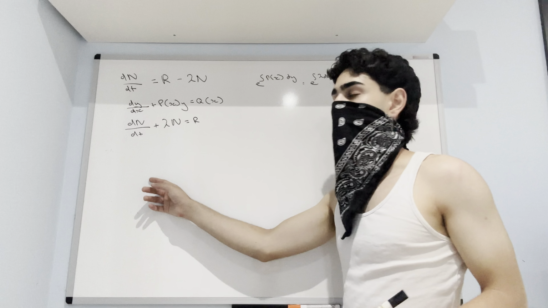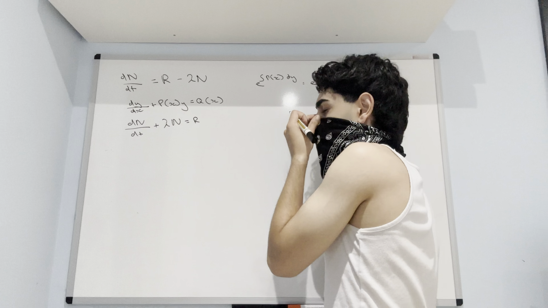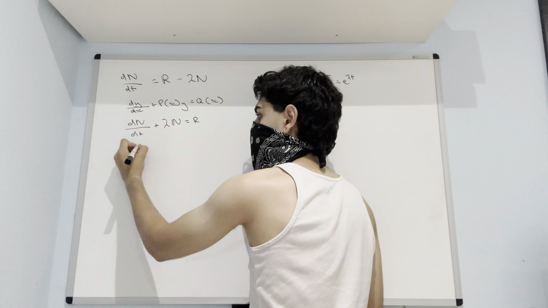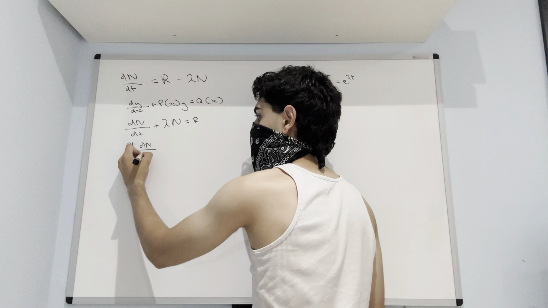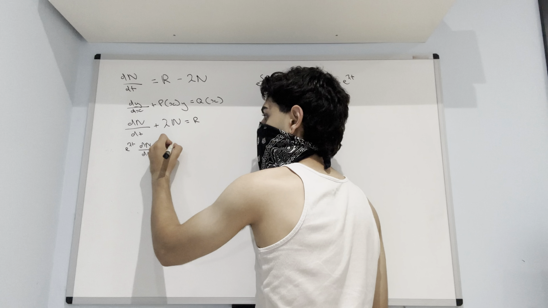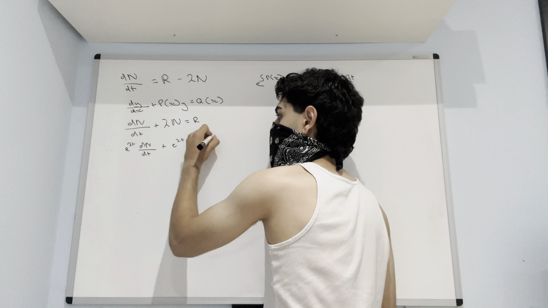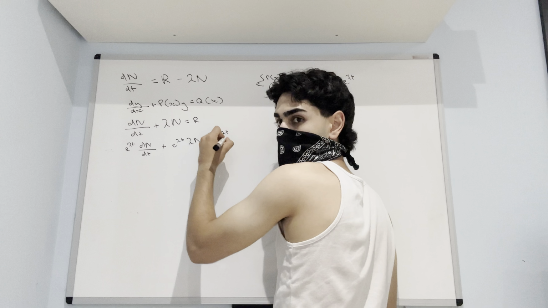So we multiply the whole ODE by the integrating factor, we get e to the lambda t dN by dt plus e to the lambda t lambda N equals R e to the lambda t.